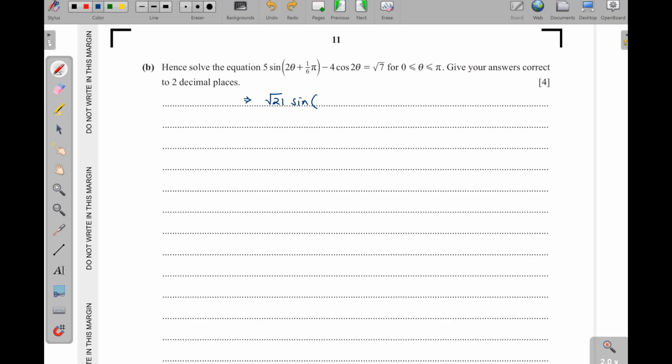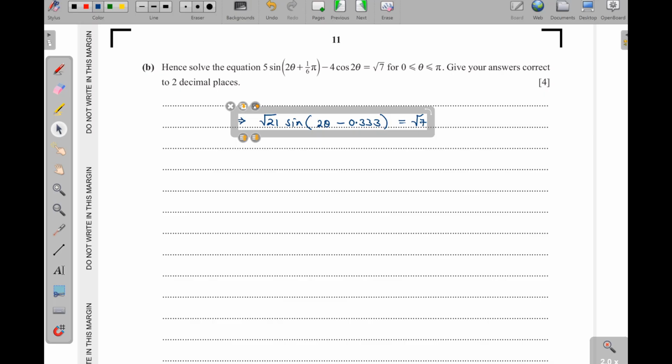Now we are going to put 2 theta, then minus 0.333. Okay, then this one will be equal to this root of 7. You see that?